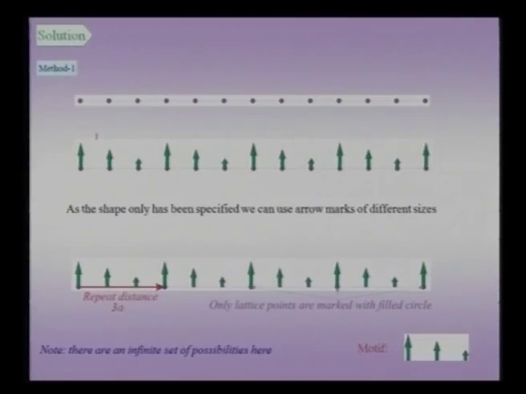Clearly the repeat distance of such a crystal is 3a. The original array of points had a repeat distance of a, but once I have made a crystal by putting these arrows, and I use the trick of changing the size of the arrows, only 3 sizes I required because I wanted to distinguish 3 types so that I can extend my lattice parameter to 3a as it has been done here.